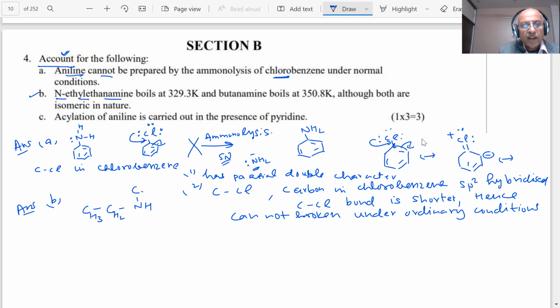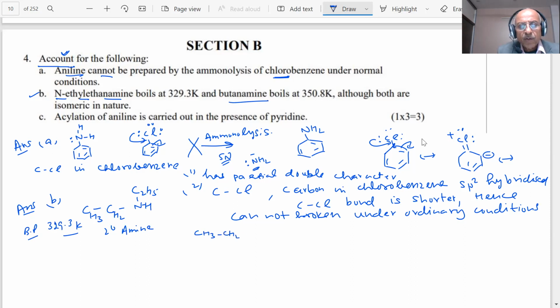This is my N-ethylethanamine, so this is a secondary amine. He is talking of the boiling point, students. What is the boiling point? 329.3 Kelvin. Whereas butanamine, what is butanamine?